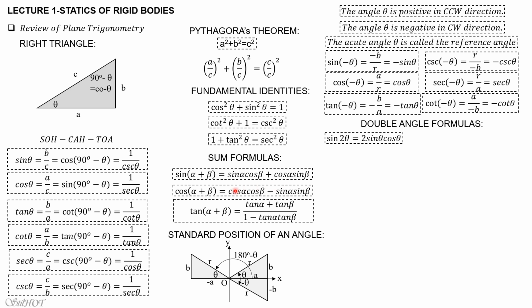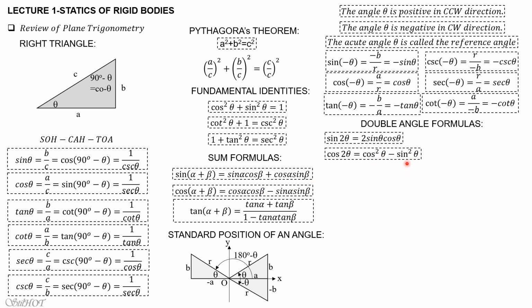Then here, if we replace alpha and beta by theta and theta, then we have cosine of 2 theta equals cosine square theta minus sine square theta.